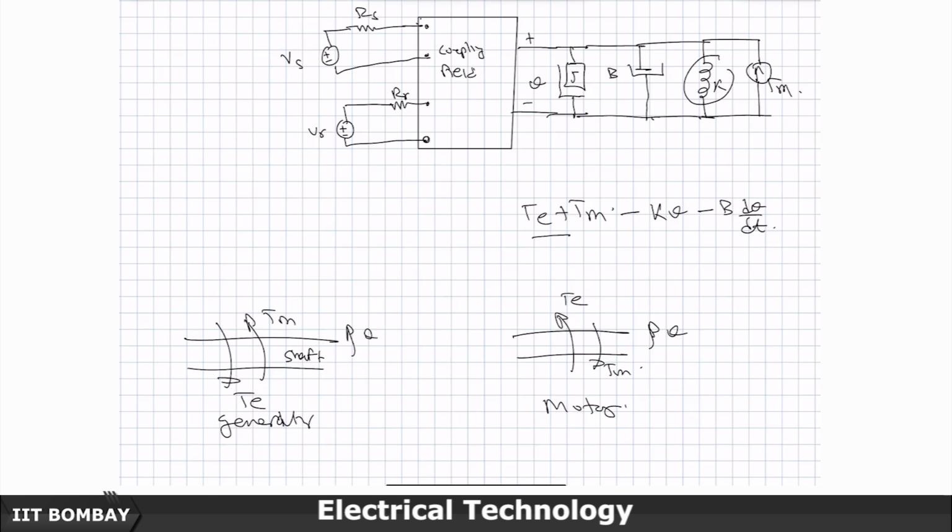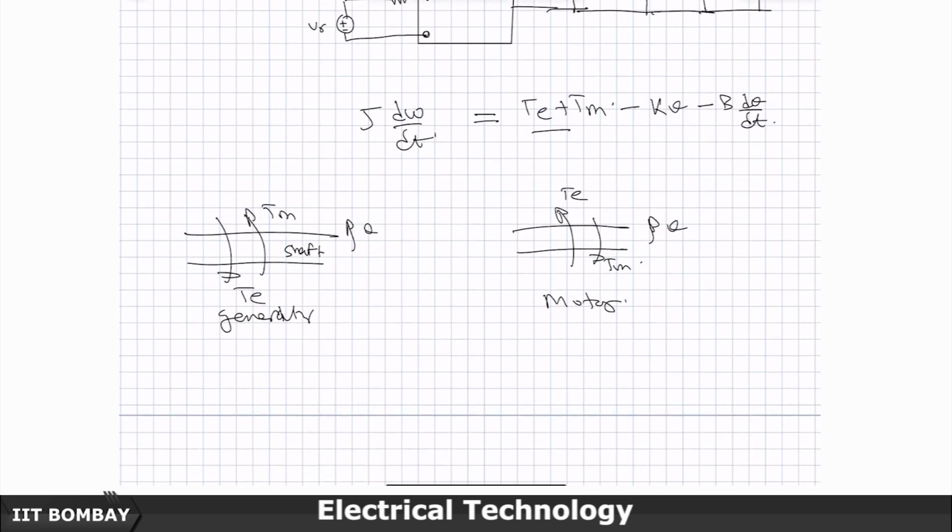and so this whole thing is the net torque which gets applied. What I show here is the net torque which gets applied, and this will cause the machine to accelerate, J d omega by dt. But omega is what?